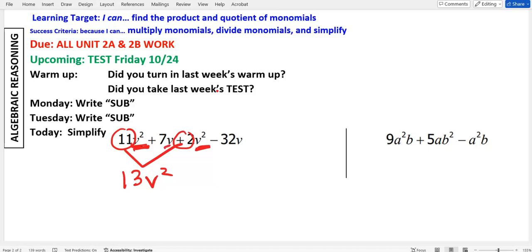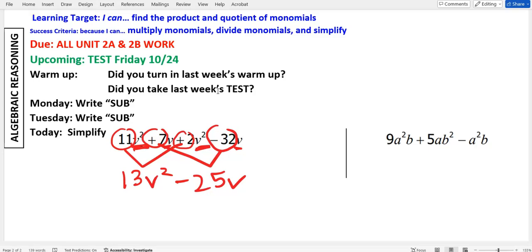Now, this is a regular v and a regular v. So I'm going to take the positive 7 minus 32. What's 7 minus 32? Negative 25.